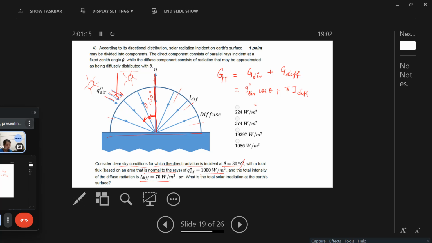Okay, so Q direct is cos theta. Cos 30 is 0.866 plus 3.14 into, this should be actually direct, Q direct.